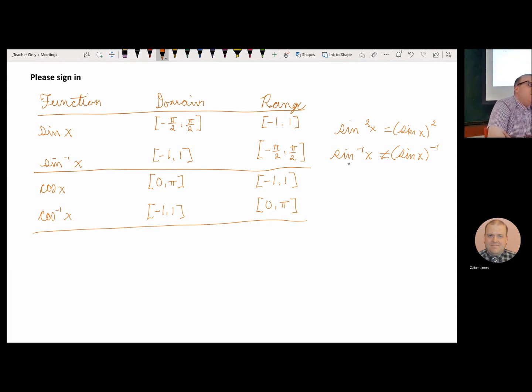This is the inverse sine function, not sine to the -1 power, which would be cosecant. Whereas this is the square of the sine function. So you're going to have to keep that notation straight, which is why we have the arc notation. If you don't want to confuse yourself, use that.